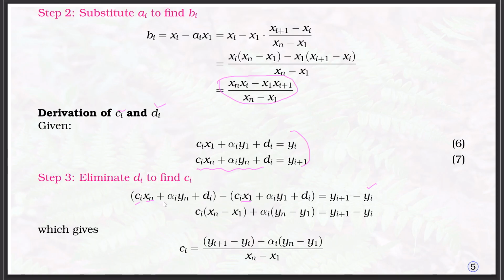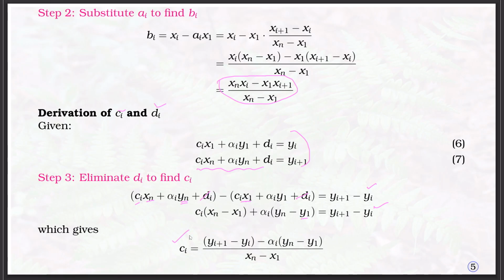Then alpha i one can take common, then one can get yn minus y1 here, and this Di will be cancelled in both cases. Then yi plus 1 minus yi. So one can get the Ci value by taking this term to the right side: yi plus 1 minus yi minus alpha i times yn minus y1, over xn minus x1, one can get the Ci value.